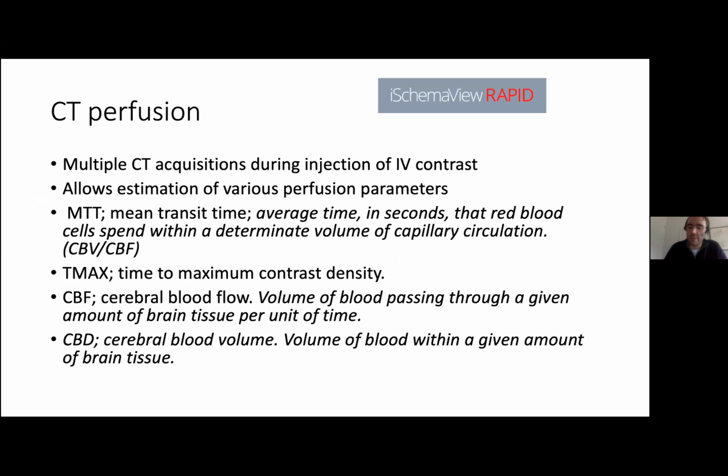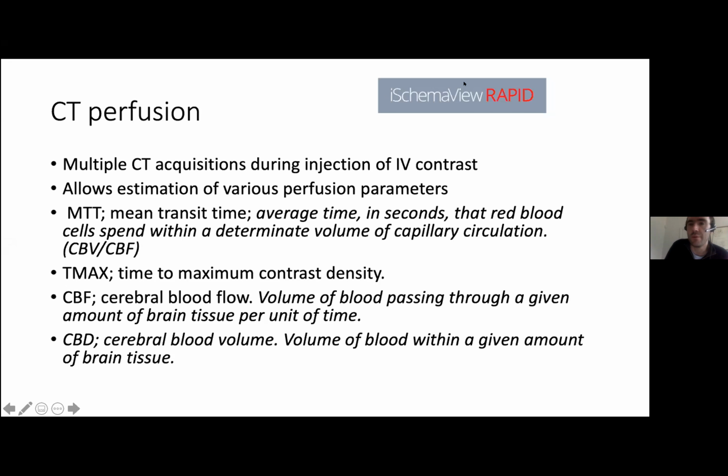Over the sequential CT scans, you get different levels of opacification of the brain, depending on how well that brain is receiving contrast due to any blockages. It gives an indication of cerebral blood flow and the transit time taken for the blood to go through.